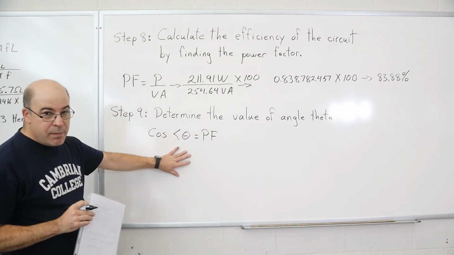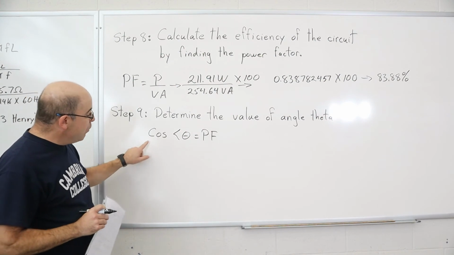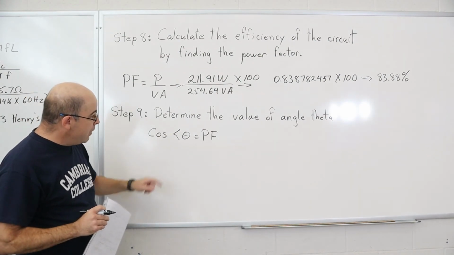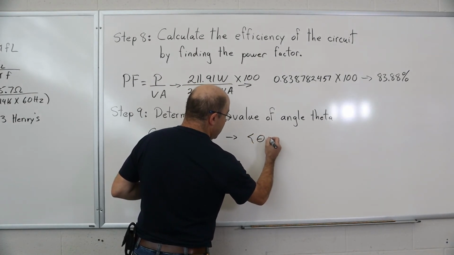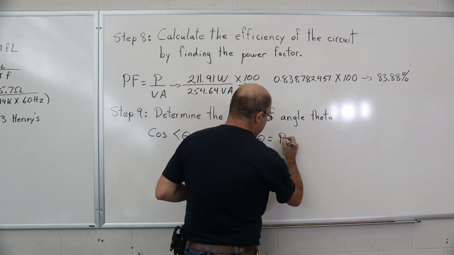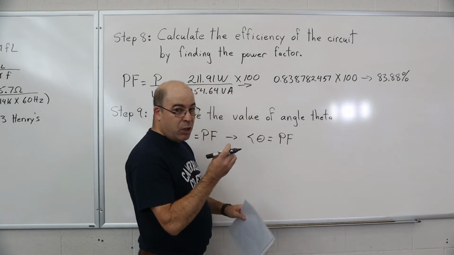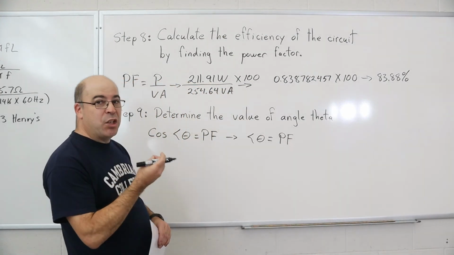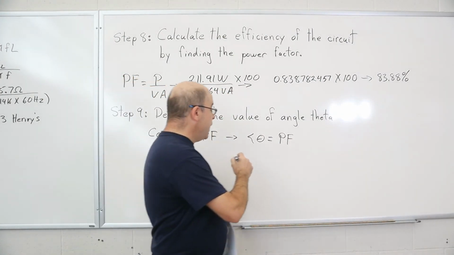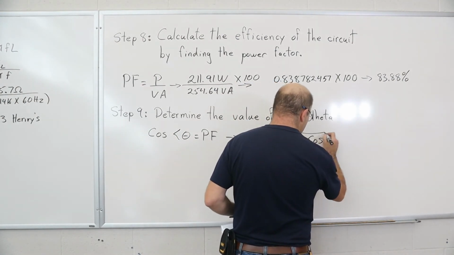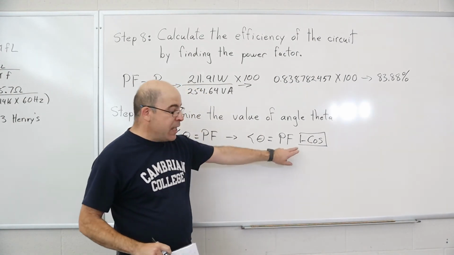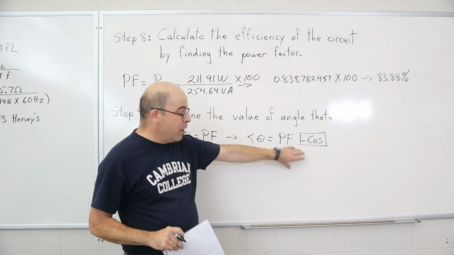Now this formula needs to be manipulated a little bit because I want to isolate for angle theta. That means then that angle theta is going to be equal to the inverse cosine of the power factor. Now we're going to use not the percentage but the actual decimal value.